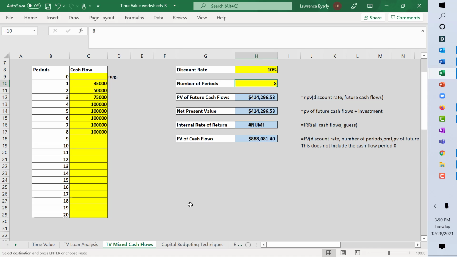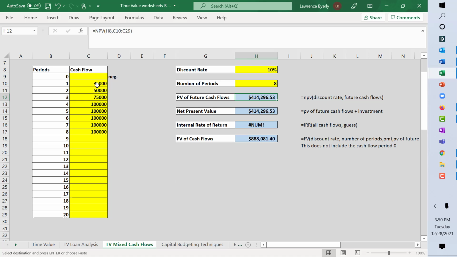So what does this time value mixed cash flow spreadsheet tell us? The first thing it can help us with is to identify the present value of these cash flows. What are all of these cash flows worth in today's dollars? This is worth 414,000 odd dollars.